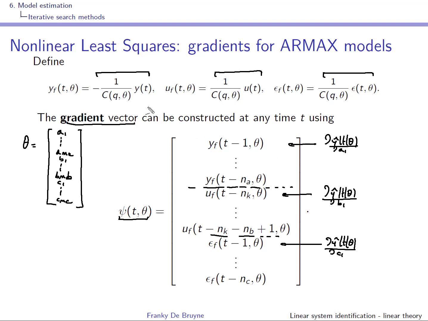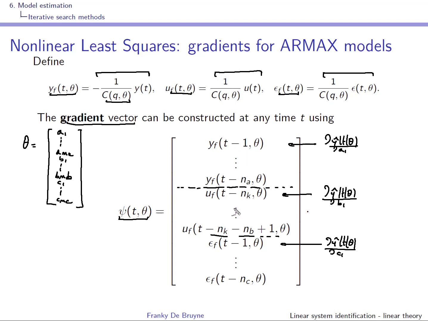So in order not to write this 1 over C all the time, we define these signals YF, UF and epsilon F. Here pay attention, the minus 1 over C is taken into account. This is why you have a positive sign over here, right?